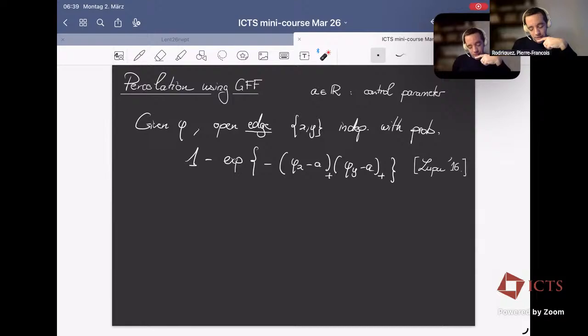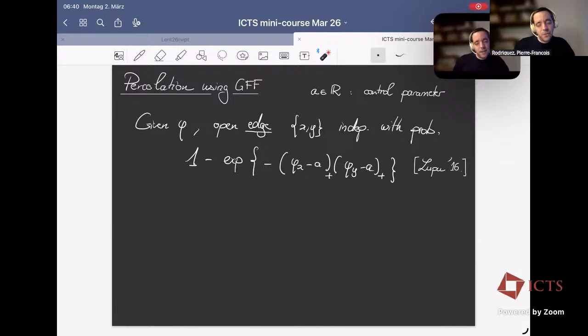And here the simplest way I know to obtain a theorem that looks a little bit like what I showed you before, and in fact the only way as of now, is to define a bond percolation model. So it's not going to be a site percolation model.